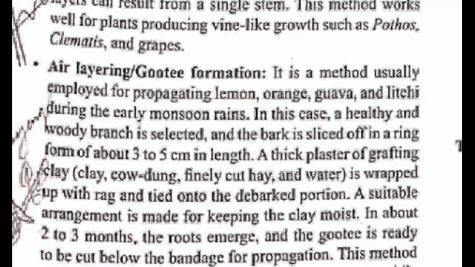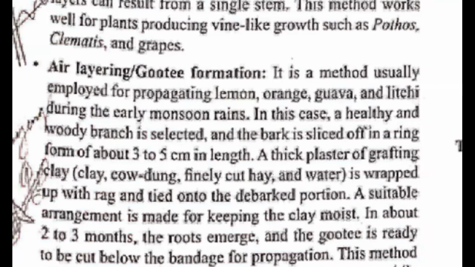See the third one, see the diagram. Here is the parent plant, and there is a branch. The outer cover, the bark, is completely removed. The center portion, the xylem and phloem, contains the food material. It is covered with cow dung or charcoal or something like that, also covered with polythene paper and tied.